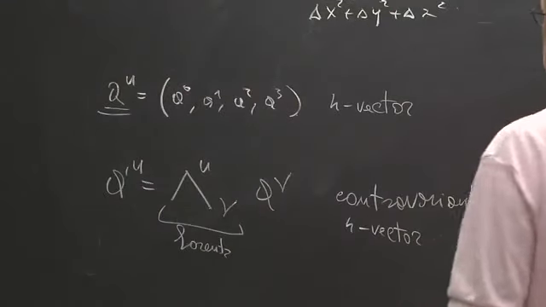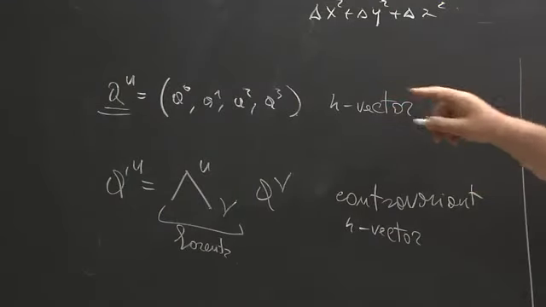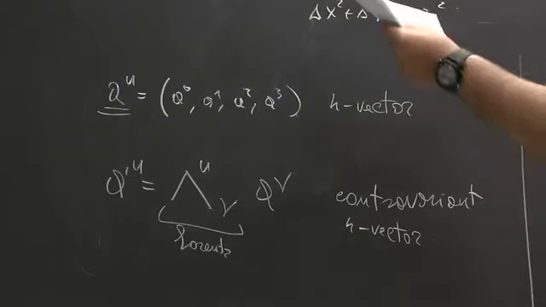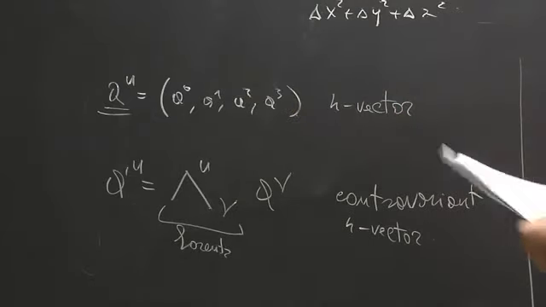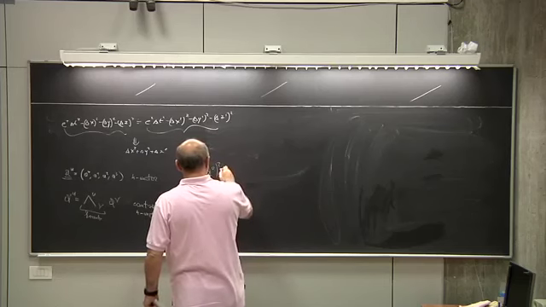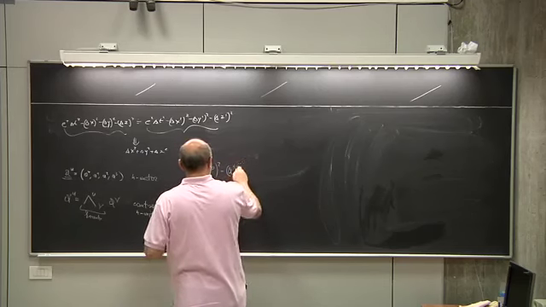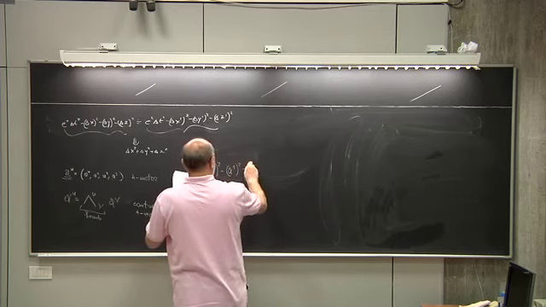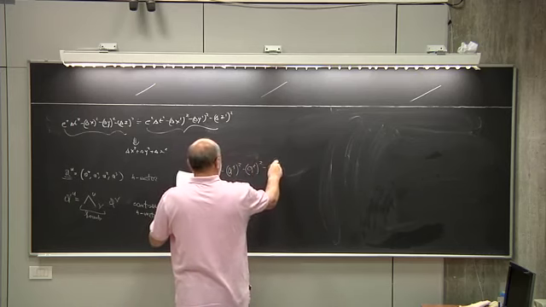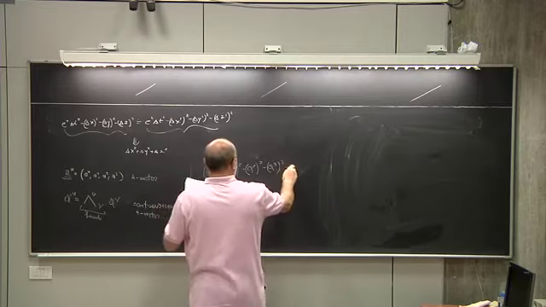Okay. Now let's take out of this contravariant vector the analog of its length, but a pseudo-length. Then it will be A0 squared minus A1 squared minus A2 squared minus A3 squared.